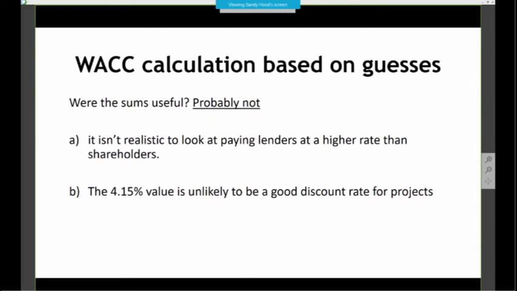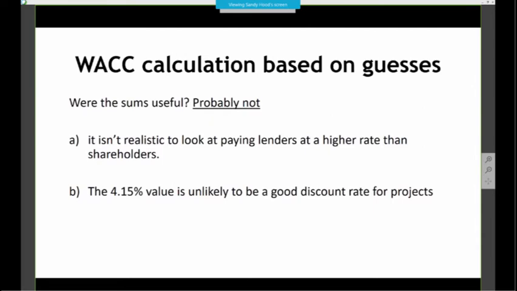Were the sums useful? Probably not. It isn't realistic to look at paying lenders at a higher rate than shareholders. And 4.15% is quite low.